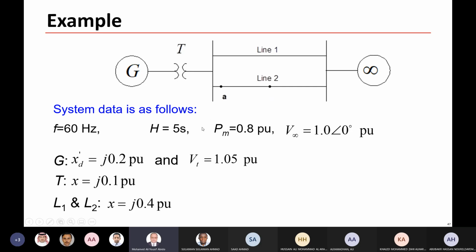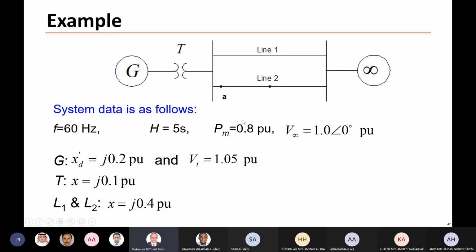In all the cases that we consider in an equal area criteria, we can develop the swing equation corresponding to the case pre-fault, during the fault, and post-fault. So this is the frequency, this is the inertia.